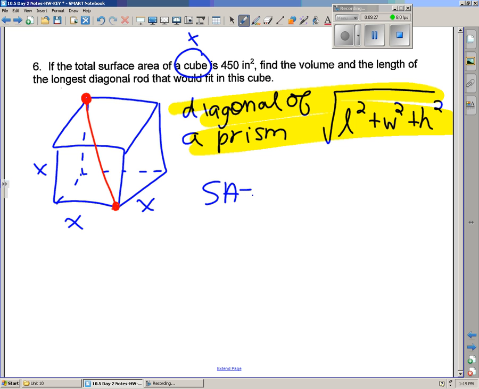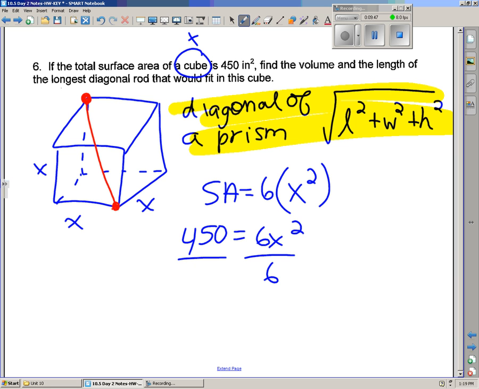Surface area is going to be the area of one base times 6, right? Because there's 6 bases, and they're all x times x, or x squared. So surface area is 6x squared. Well, we know that 450 is the same thing as 6x squared. If you divide both sides by 6, you're going to end up with 75 equals x squared.